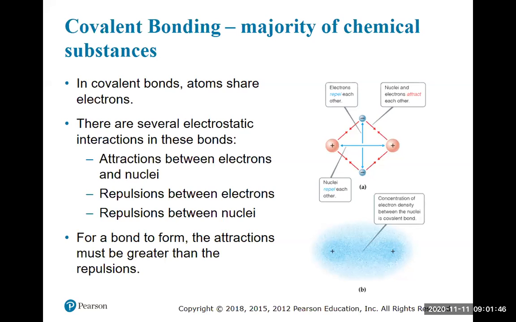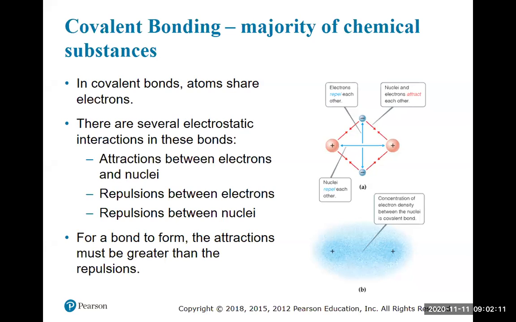The other thing I want to point out is this picture on the right-hand side, the B part, where you see that the concentration of electron density is between the nuclei. That's what we're talking about when we talk about a covalent bond: that concentration of electrons in between the 2 nuclei.